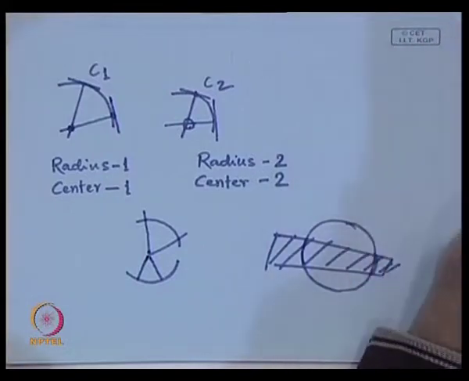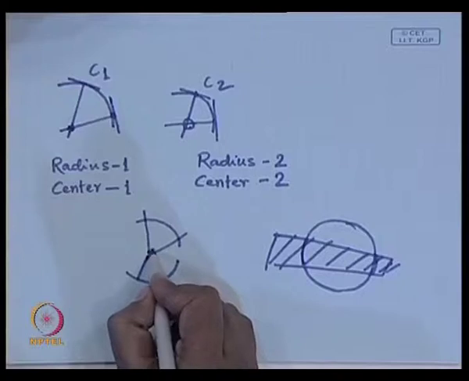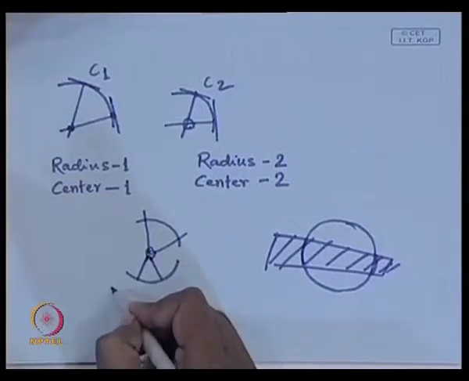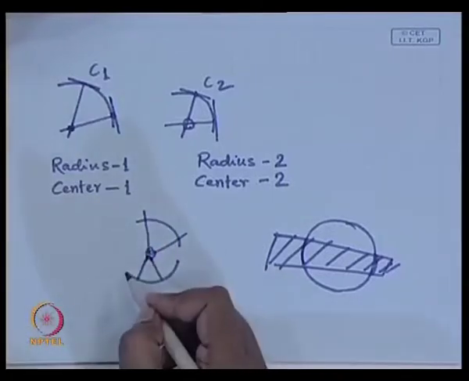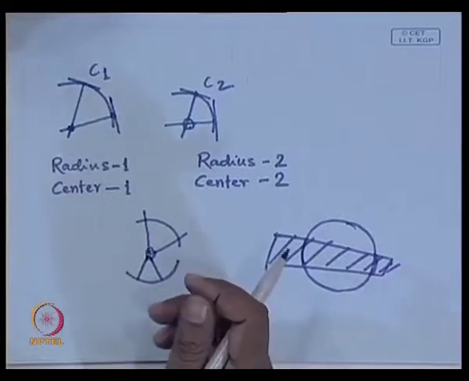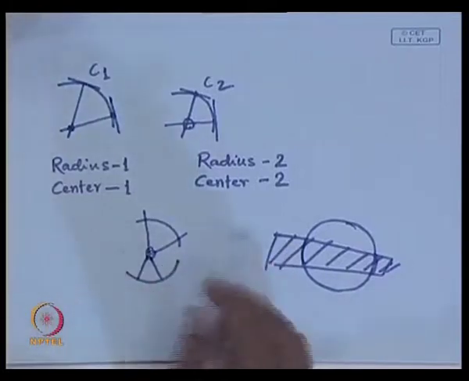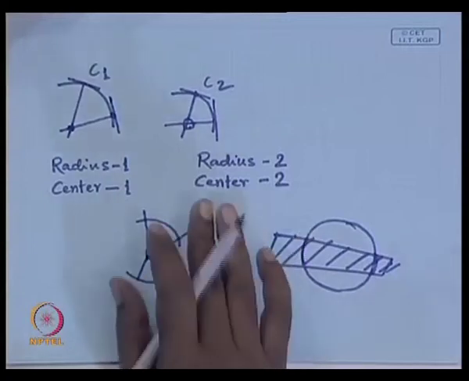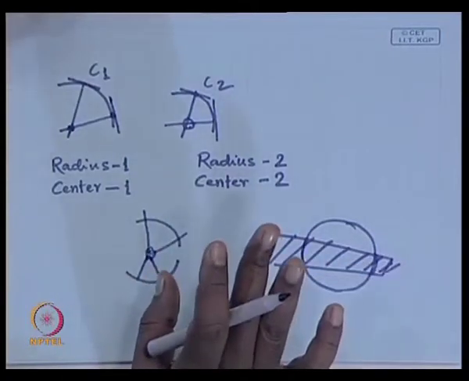So in this case the center will be very close and the length of the radius will also be similar. So we can say that both these circular arcs are part of the same circle.